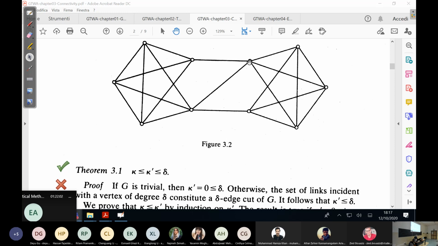No, we can have a vertex cut given by these two, or these two vertices, okay? And the deletion of these two, or alternatively of these two, will again disconnect the graph. But it's not enough to delete just one. So kappa is 2, kappa prime is 3, and small delta is 4. And so in this case, for this very nice graph, you have the occurrence of the strict inequalities.